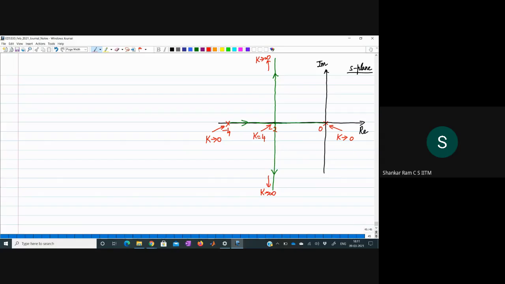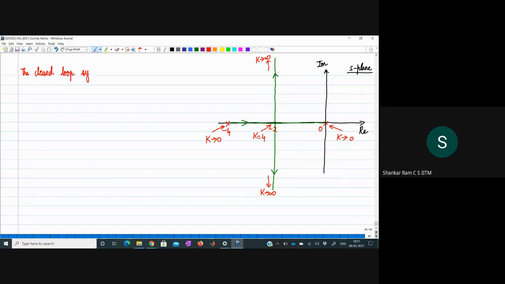So this is the root locus. All right. So any questions on this? So immediately we can see that the closed loop system is stable for all k greater than 0, right?